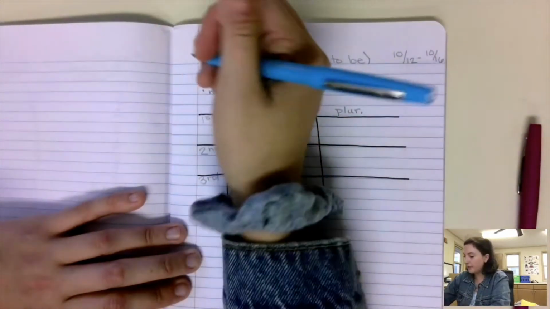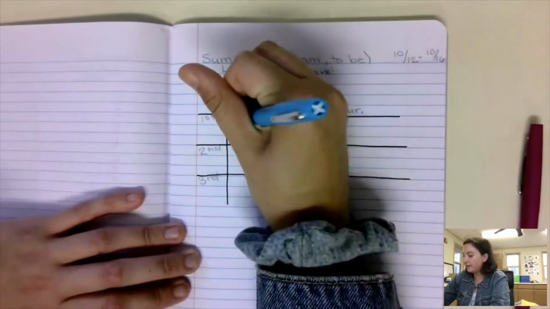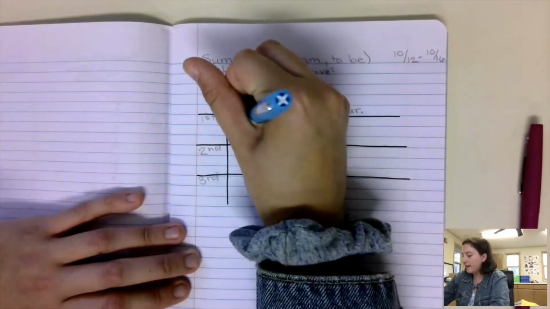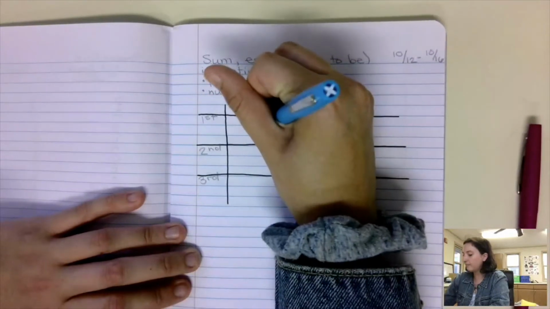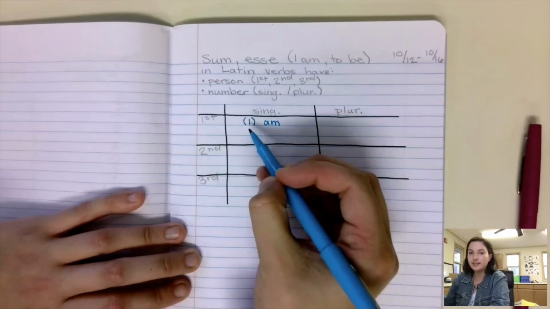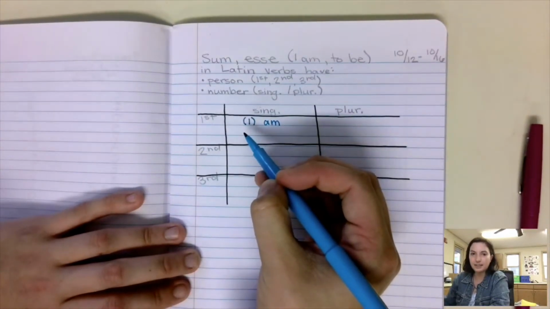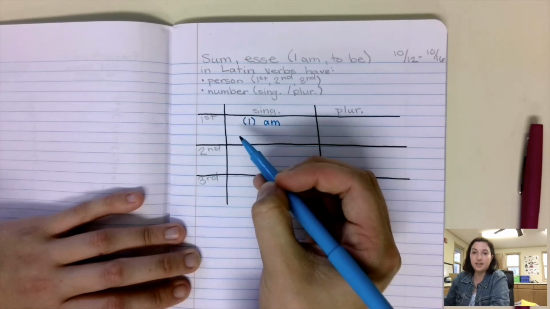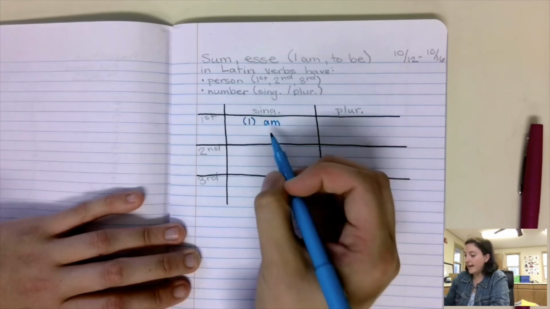So I'm going to start with English. The first person singular is I am. Notice that I put I in parentheses. I isn't actually a part of the verb in English. It's the subject. It's a pronoun. But am is the verb.